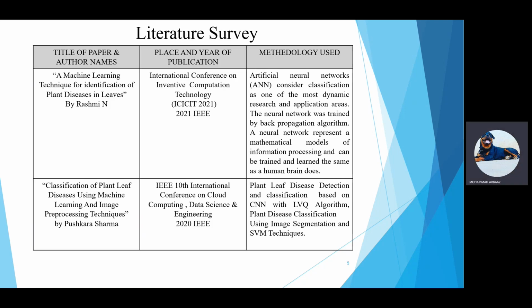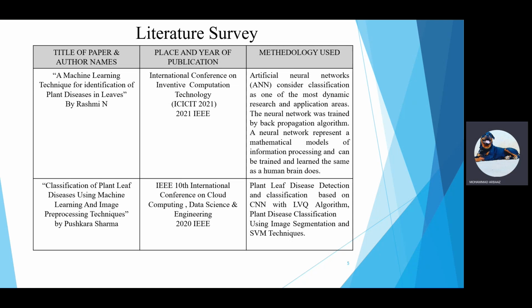Let us come to the literature survey part. An author by name Rashmi N has published a machine learning technique for identification of plant diseases in leaves, which was published in the year 2021 by IEEE.